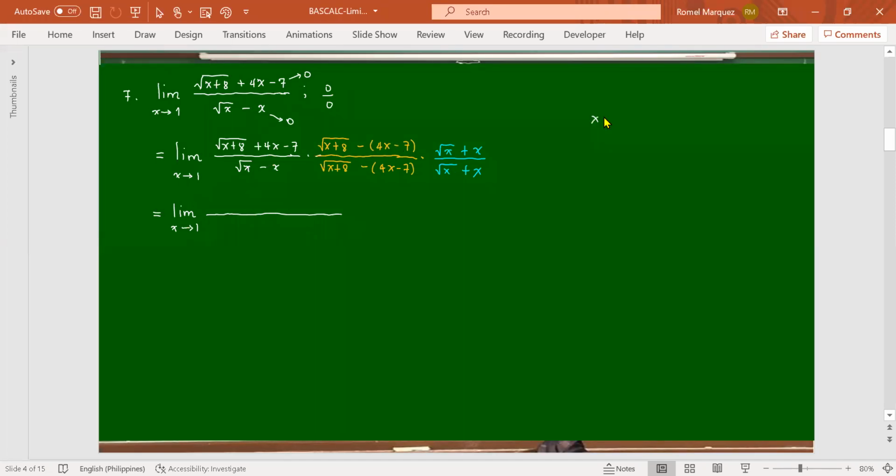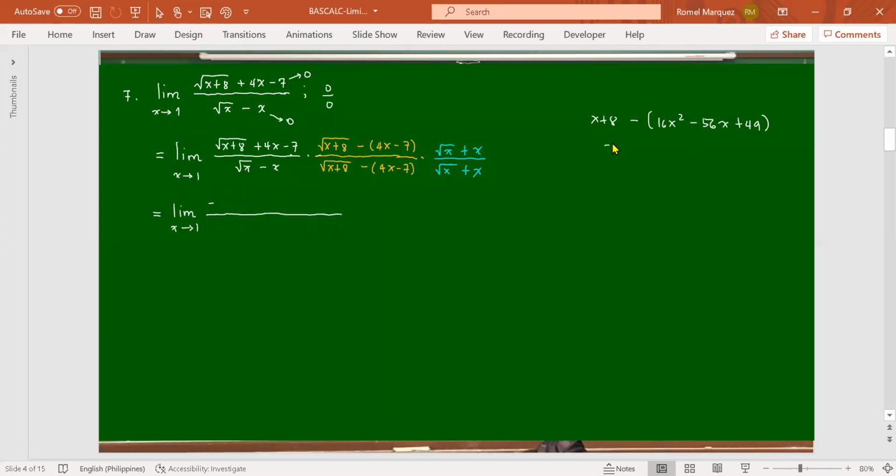X plus 8, minus 16x squared, minus 56x, plus 49. Yes po. Simplify.